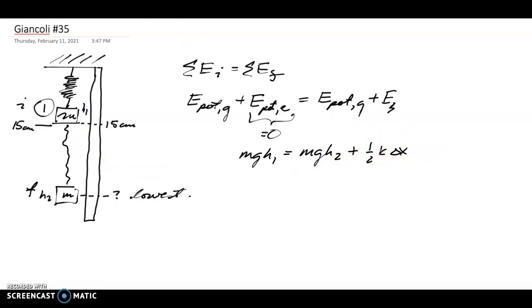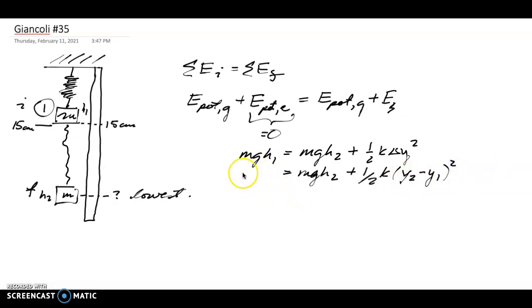Or because you're going vertically, in the y direction, it's delta y squared. So really, I can rewrite that as mgh2 plus 1/2 k (y2 minus y1) squared.